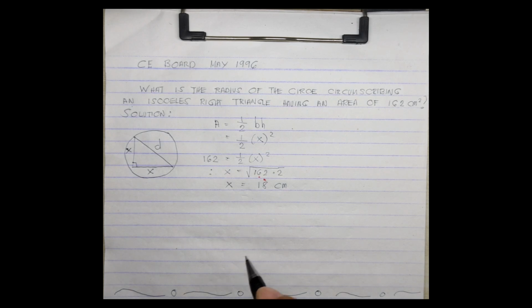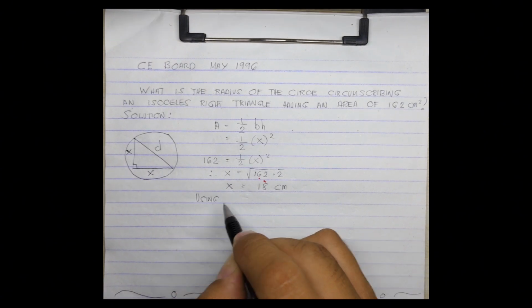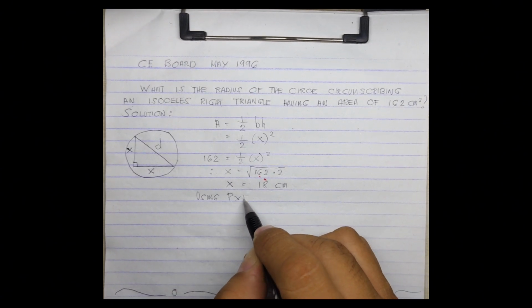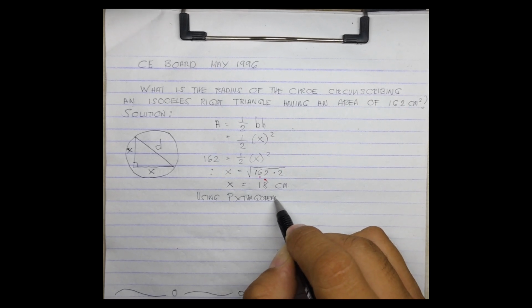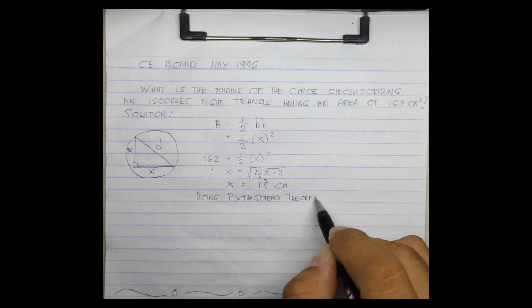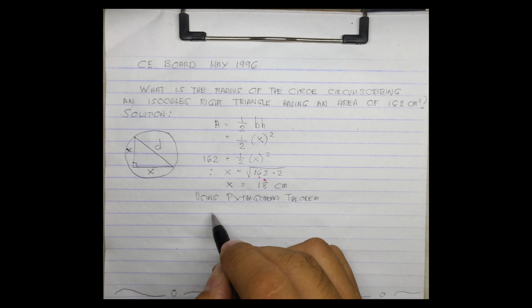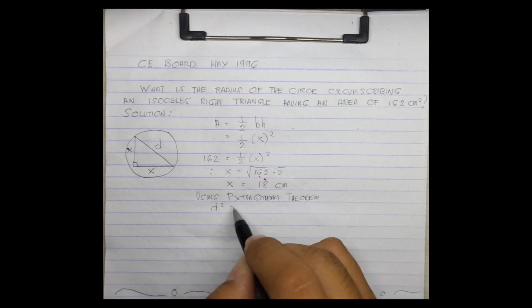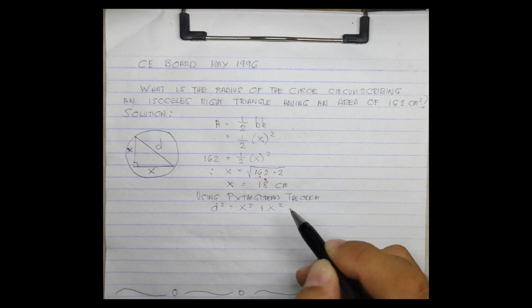So therefore, using Pythagorean theorem, so based on this diagram, the triangle, so therefore d squared is equal to x squared plus x squared.